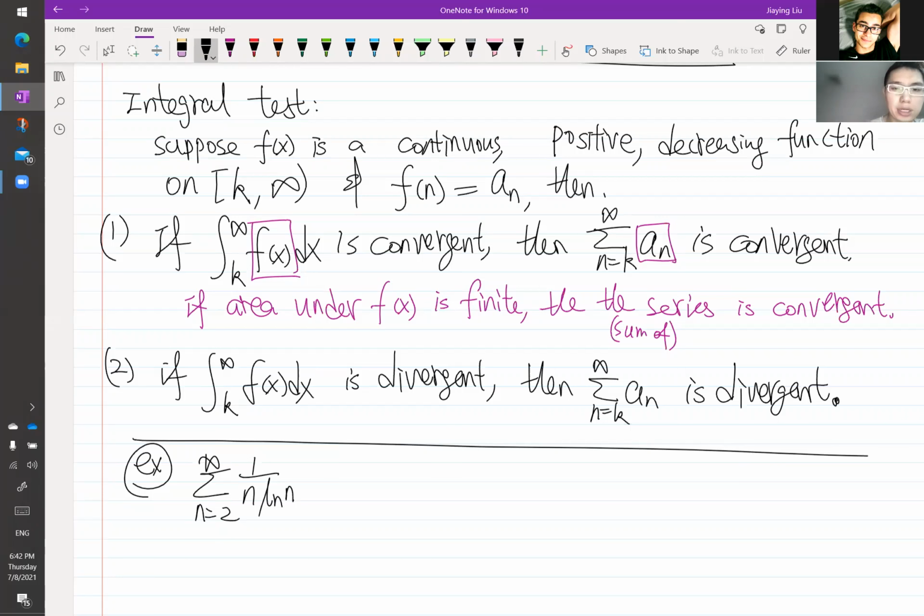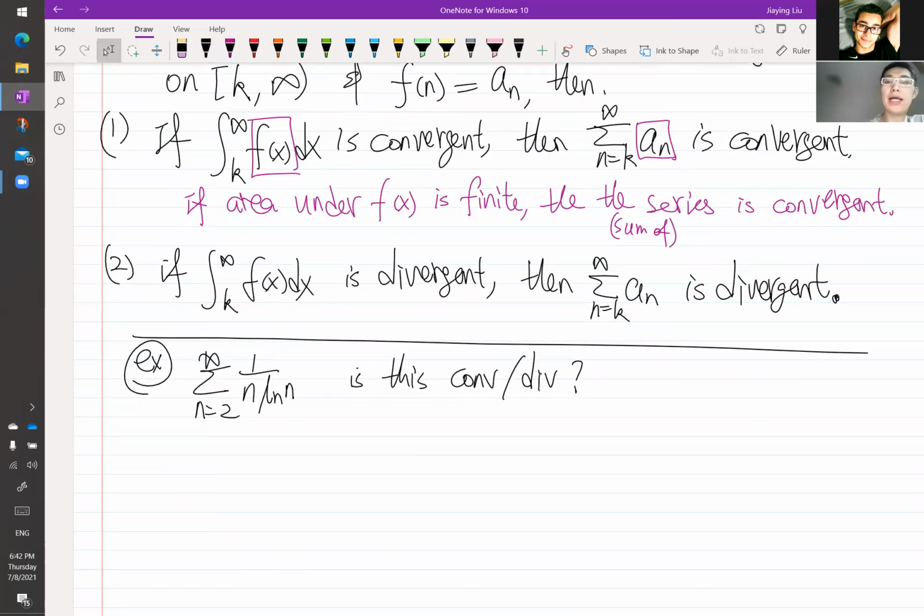Is this convergent or divergent? Earlier, we said we cannot decide using the divergence test, right? And we did not try to use the partial sums because it could be a lot of work. If you're interested, you can try to do it on your own later.